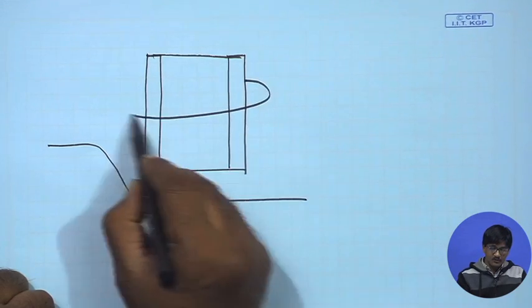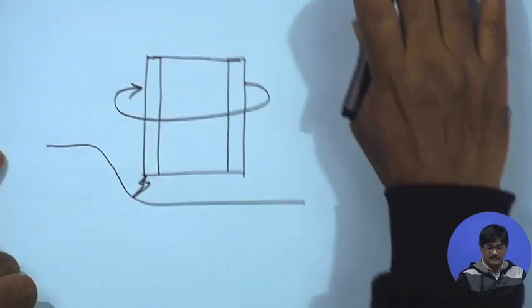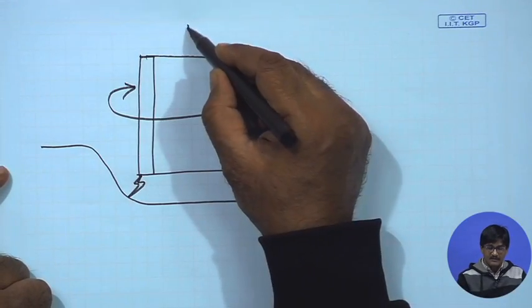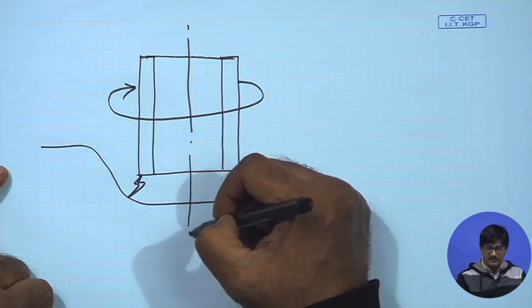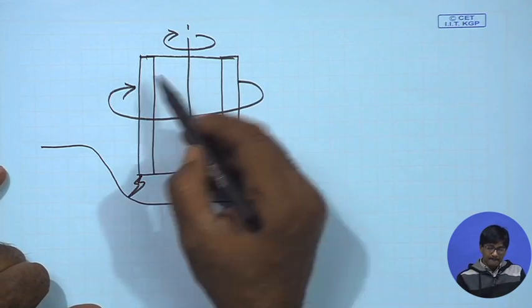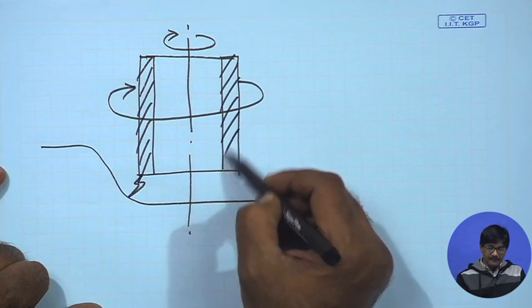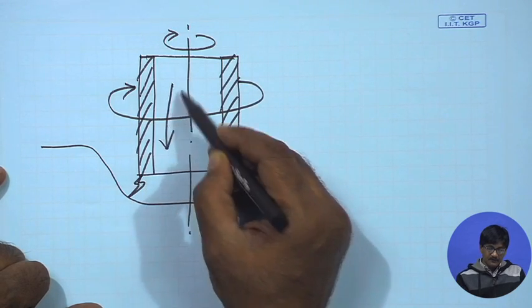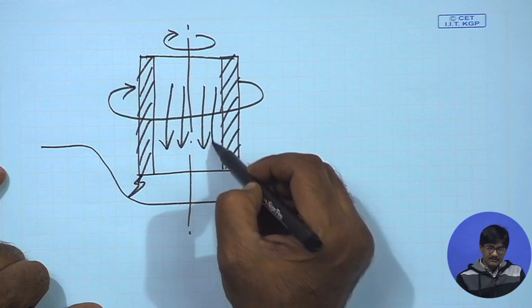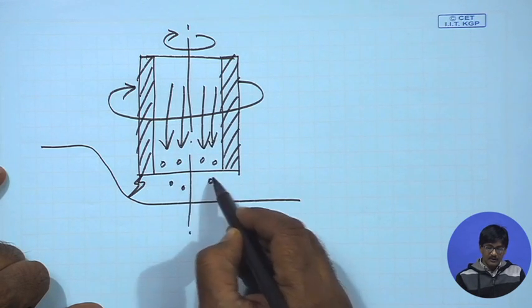This one is rotating, this is the axis of rotation. Okay. Now, on this particular tool, high pressure gas with abrasive particles is coming in.